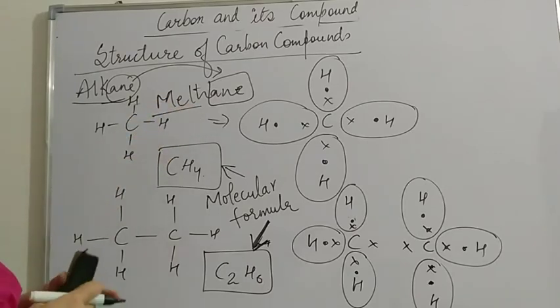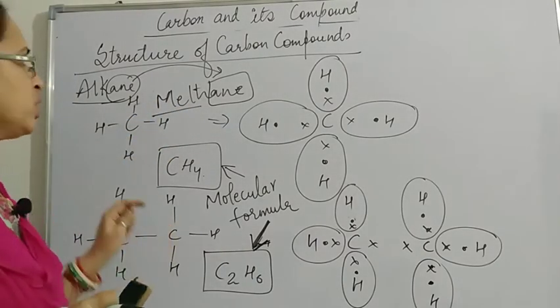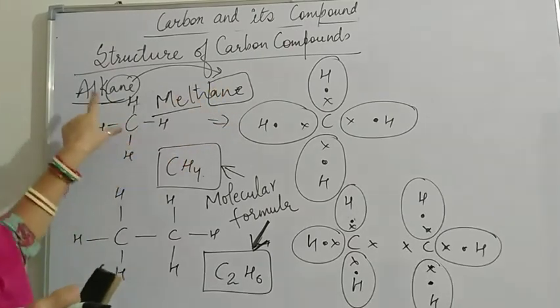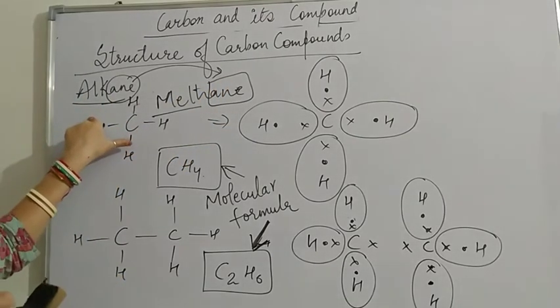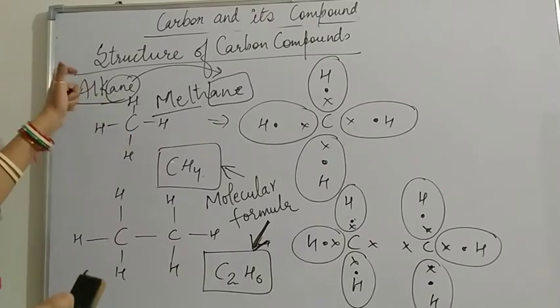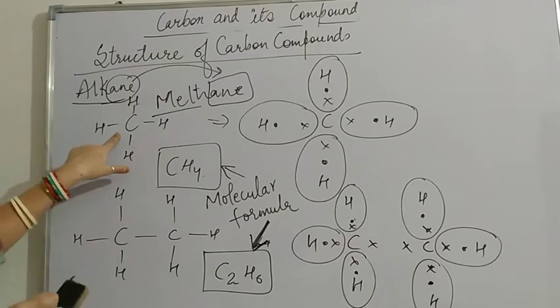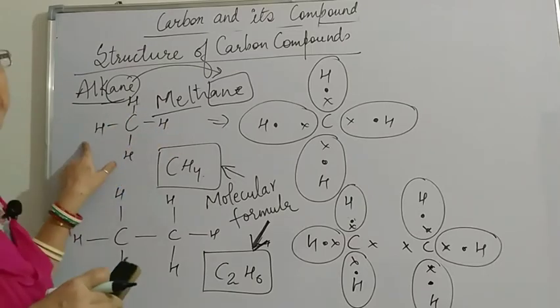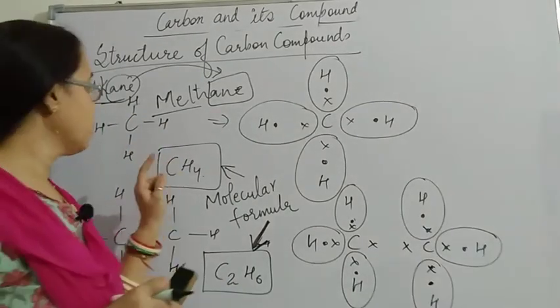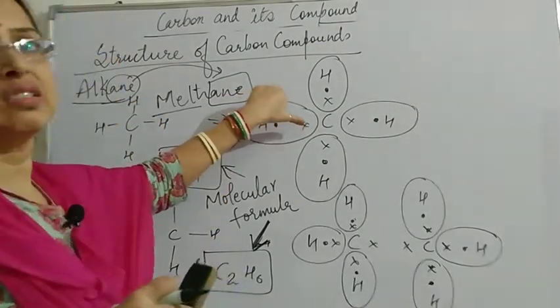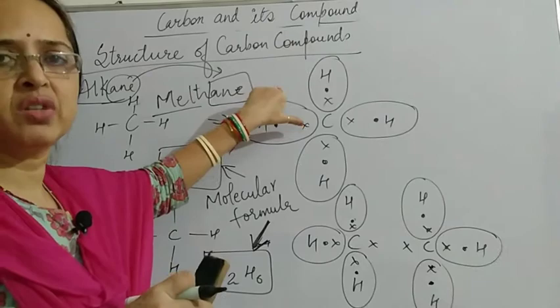Now when we talk about the molecular formula, you know that when we spread it, it is said to be a structural formula. The structure shows how many atoms are covalently attached with the carbon. So one carbon is bonded with 4 hydrogen atoms. Now this is the electron dot structure.